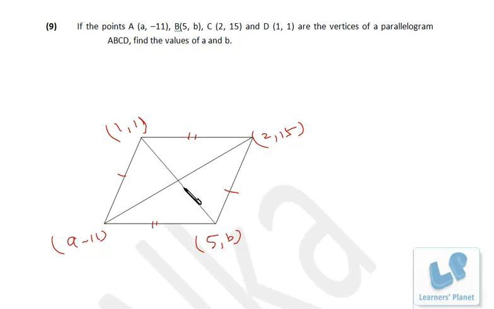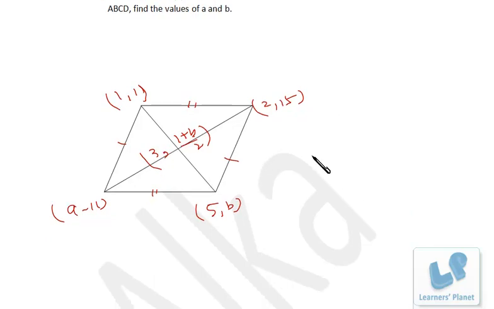Simply what we can do, the coordinates of the midpoint will be (5 plus 1) by 2, that is 3, and (1 plus b) by 2. Right? The same will be the coordinates of the midpoint of the line joining (a, minus 11) and (2, 15). So we can equate that. That means (2 plus a) by 2 will be equal to 3.